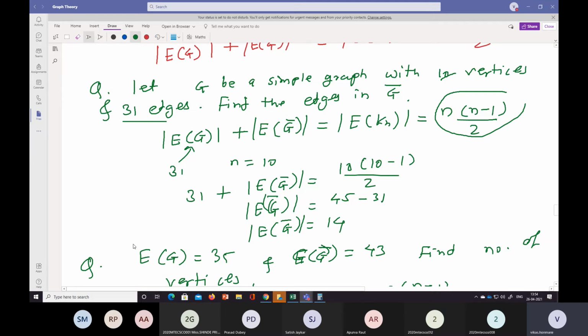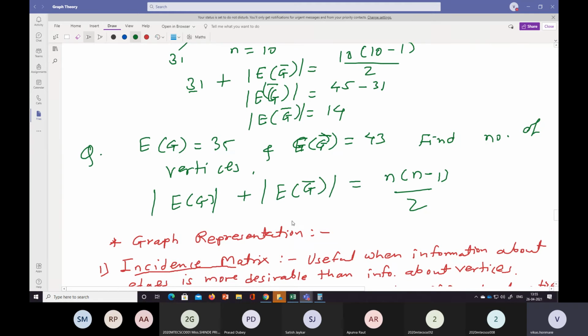So by using this formula, E of G plus E of G bar is equal to E of Kn. So we can use E of G as 31 plus E of G bar is equal to 10 into 9 by 2. So it is 45 minus 31, and E of G bar is equal to 14. Okay, so this is how we get the result.